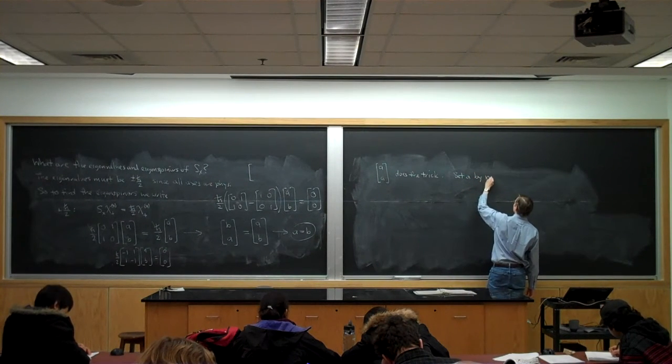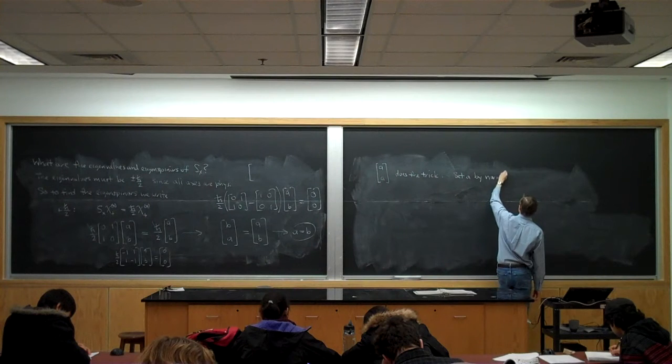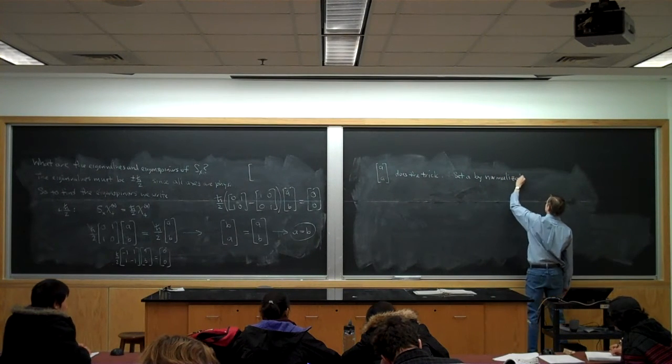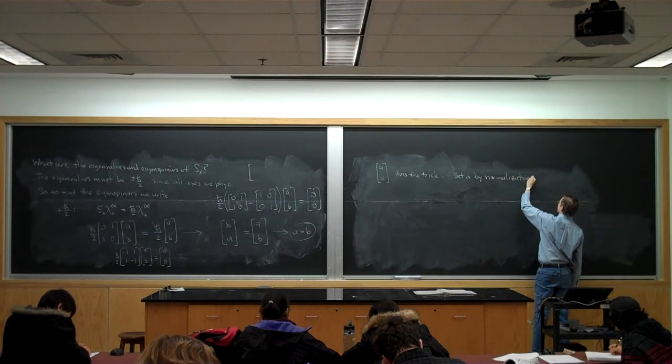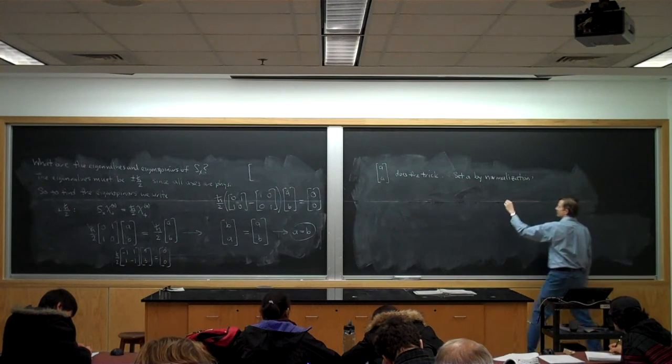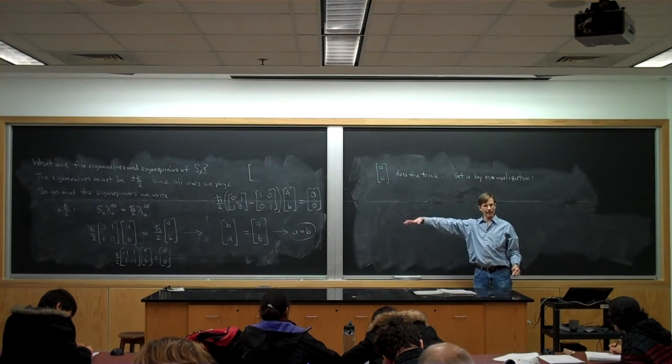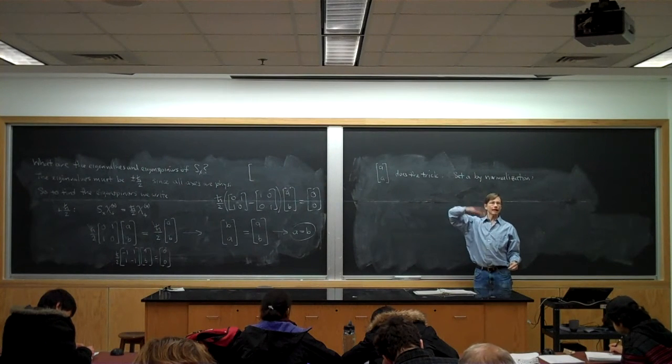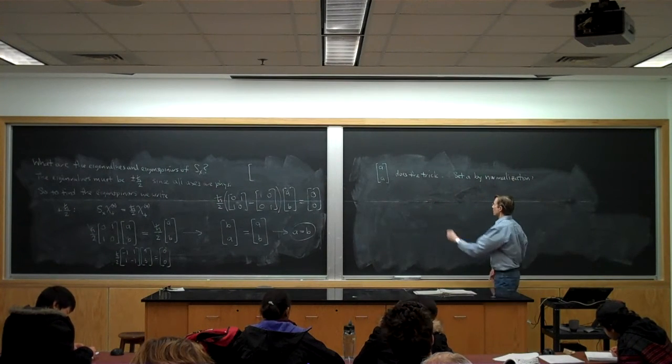Set A by normalization. And to normalize says to do this. It says take the dagger times the column and set the result equal to 1.